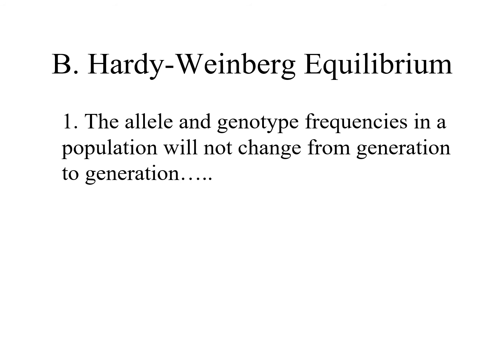Now here's an extension of the Hardy-Weinberg equation. It is a concept called Hardy-Weinberg equilibrium. It is the idea that the frequencies of alleles and genotypes in a population will not change, hence equilibrium, from generation to generation if certain conditions exist.